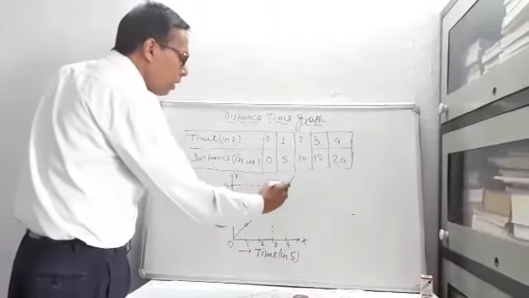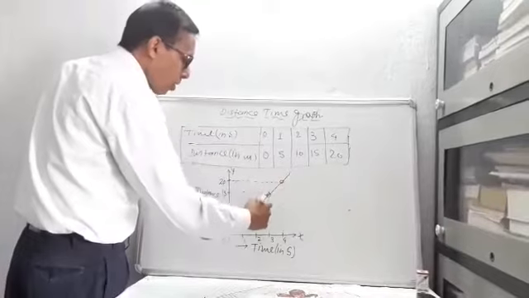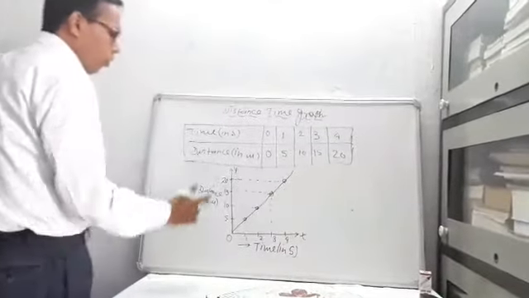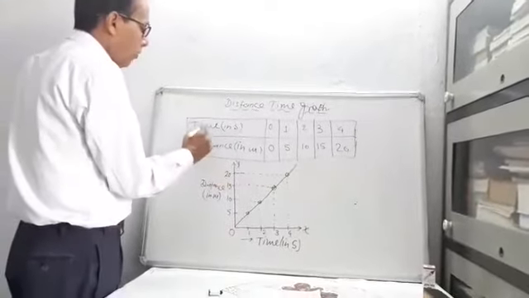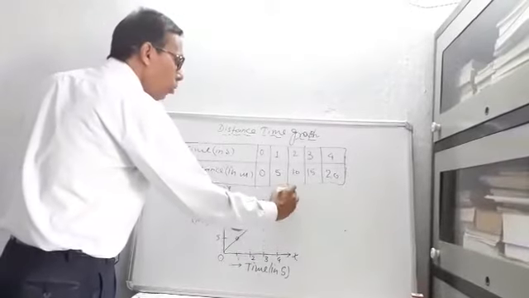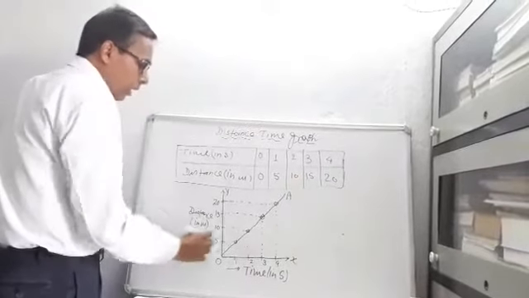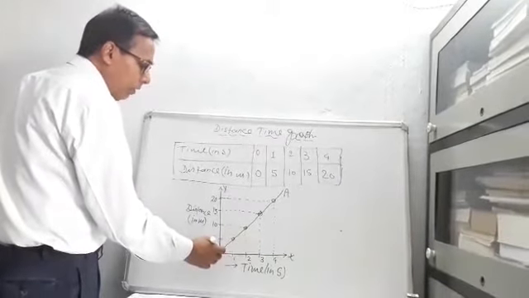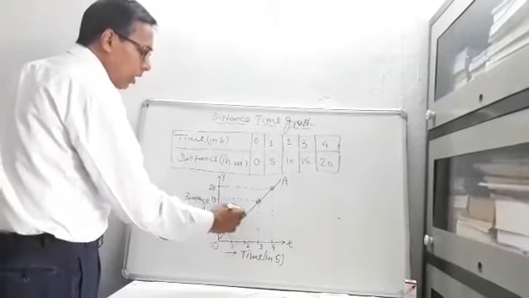So when we join these points from the origin, it becomes a straight line. If we plot a graph between time and distance, we obtain a straight line OA. From this graph we observe that the body travels equal distances in equal intervals of time.